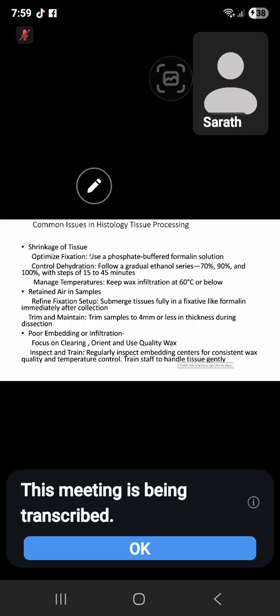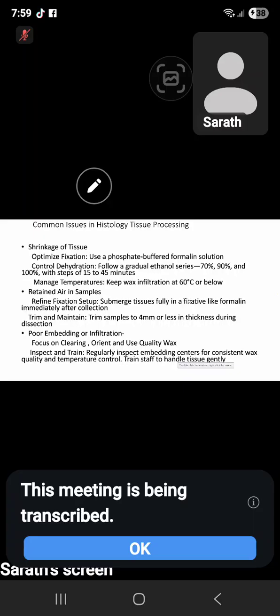So these two methods can be used to overcome the problem of shrinkage of tissue. Second, retained air in samples. In the sample inside, air is retained. So you can have a solution for that.